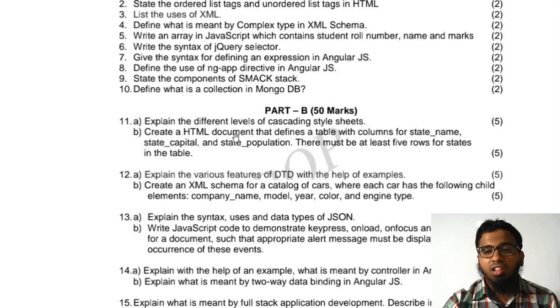Like creating the HTML document and defining a table. That means you must use the table tag with the column names. These column names are already defined here: state name, state capital and state population, and there must be at least 5 rows.